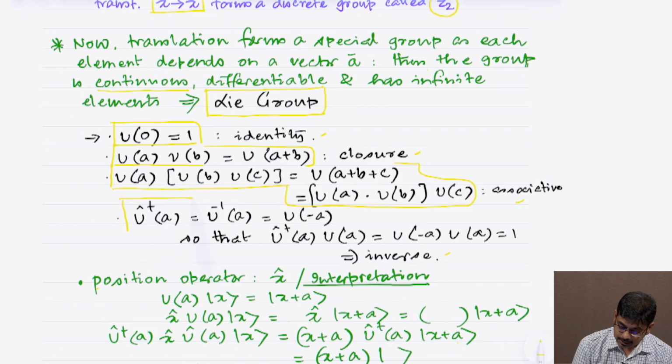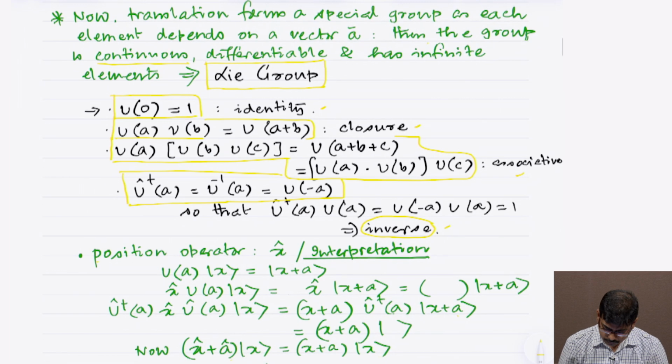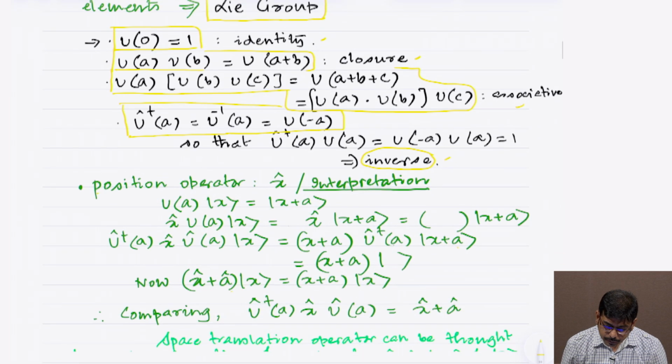The inverse is the dagger, U dagger A is equal to U inverse A, which is equivalent to saying U of minus A, which always brings you back to the identity, and that gives you the presence of the inverse. Okay. So, this follows all these properties, and you can very well say that this translation operator we are talking about forms a Lie group.